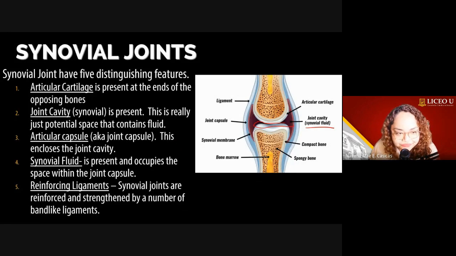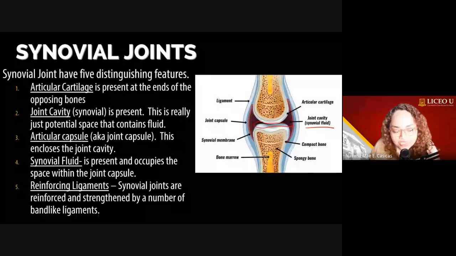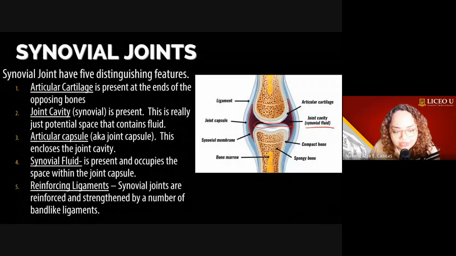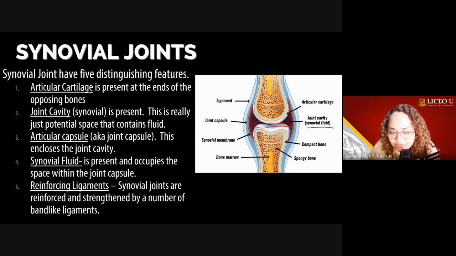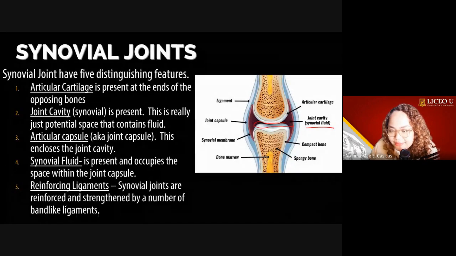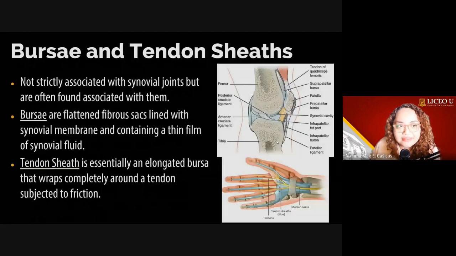And then your synovial fluid, just like what I said earlier, occupies the space within the joint and the capsule. So this acts as the cushion, no? This is the one that is helping the joints not to grind against one another. And you have your reinforcing ligaments. Your synovial joints are reinforced and strengthened by a number of band-like ligaments, connecting bone to bone.